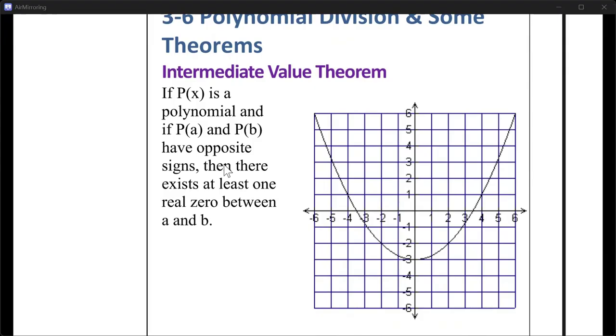If the polynomial goes from a positive value, let's say, to a negative value, I'm talking about the y values, the value of the polynomial, which is the y coordinate, going from positive to negative, then the theorem says there must be a point somewhere in between where the value was zero.